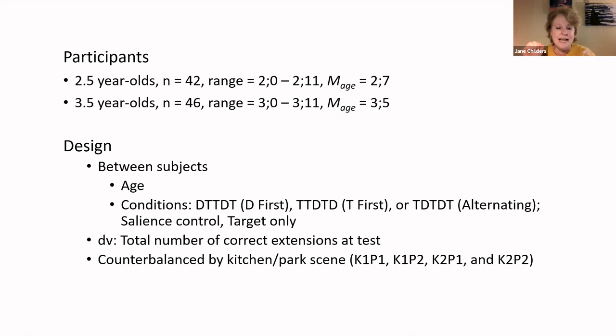In target only, they just saw one event and then they saw test. So we'll see how they did on that. They're going to point at test, and we filmed these events in a kitchen and in a park. And we filmed really 4 events, and we counterbalanced it all, so it's not about any particular set.